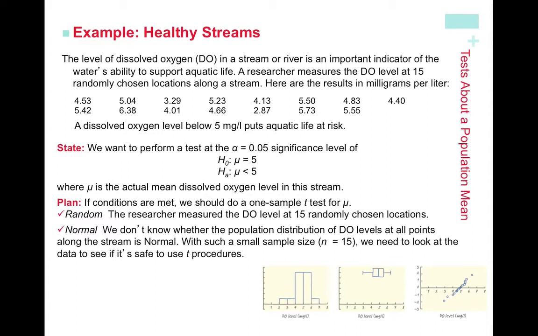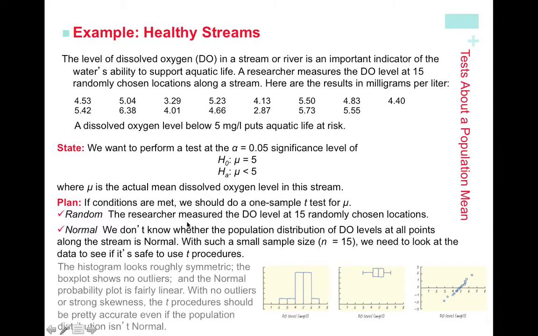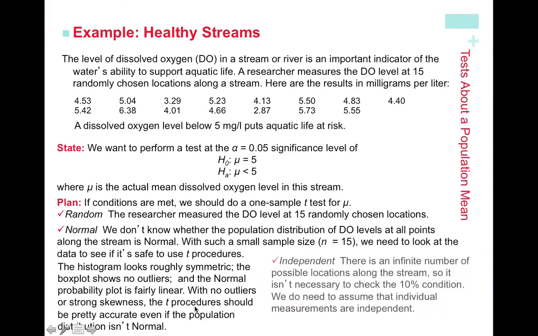Draw a sketch of your graph. If you just want to do the histogram, you could say the histogram looks roughly symmetric. If you were doing the box plot, the box plot has no outliers or skews. If you looked at the normal probability plot, the normal probability plot is fairly linear. So the conclusion here is since there are no outliers or strong skewness, we can use the t procedure.